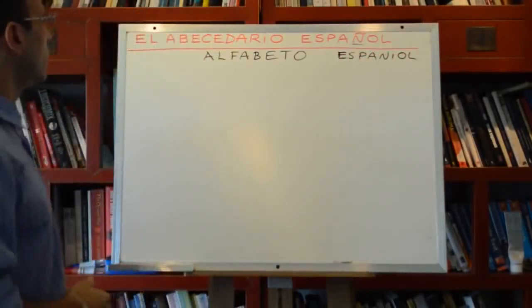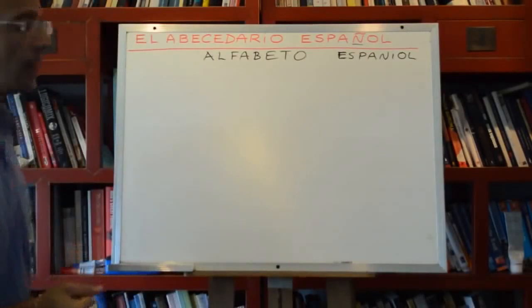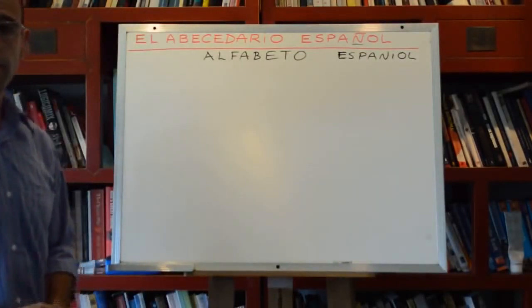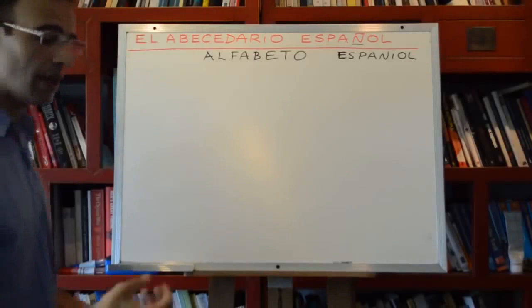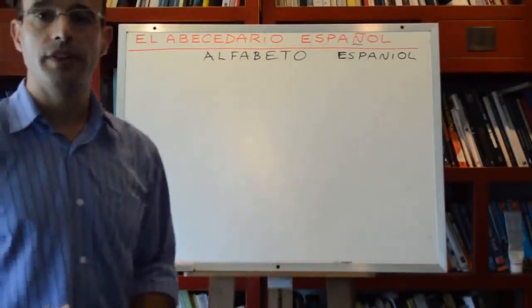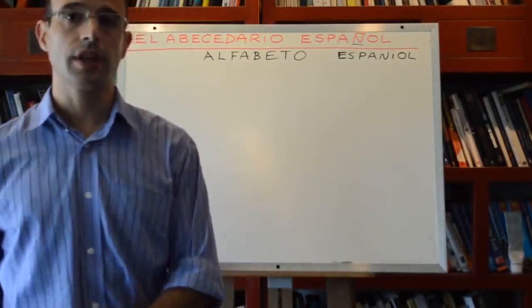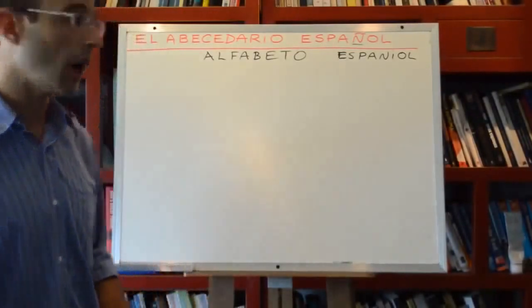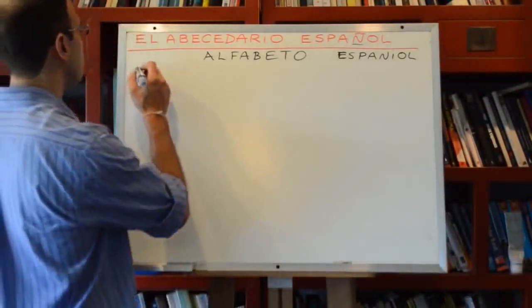Okay, now let me read one more time the Spanish alphabet so we practice and you get familiar with the right pronunciation, and I'll give you some examples of how we use the letters.